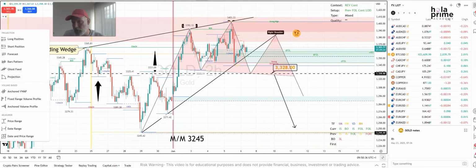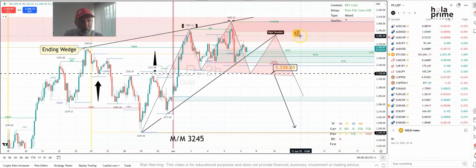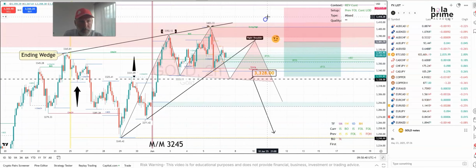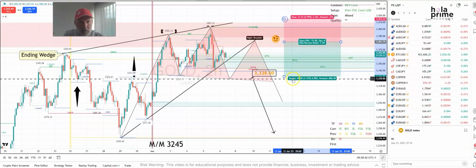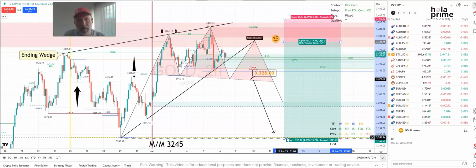Again, not for fear of sounding like a broken record, but we can then plan the trade and we can trade the plan. And again, taking the short trade close to the right shoulder, the retest of the wedge breakout, would give you a risk reward factor of around about 4.